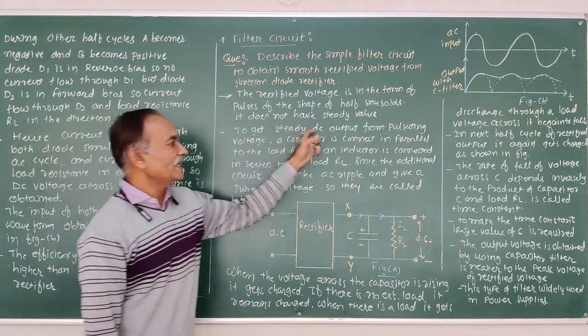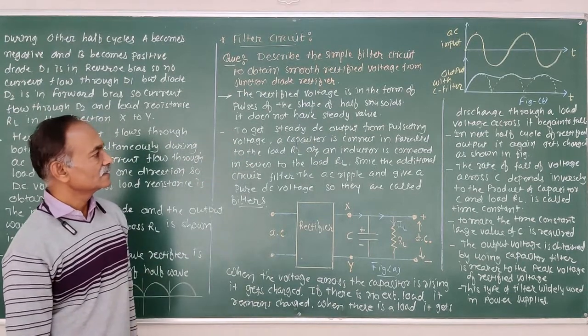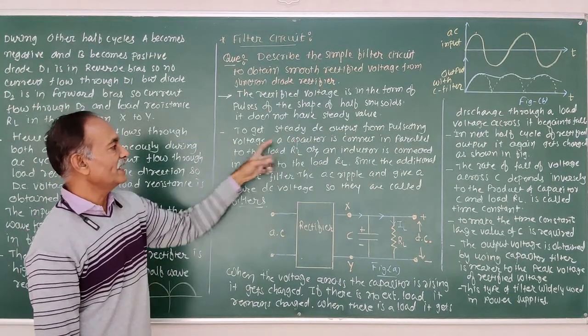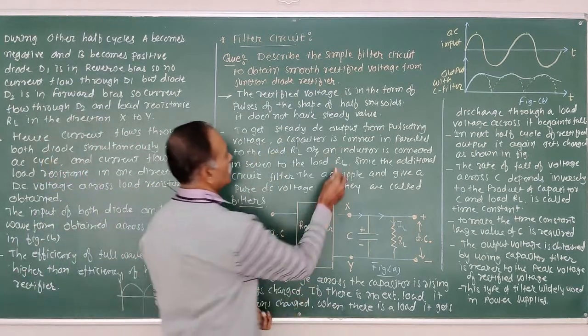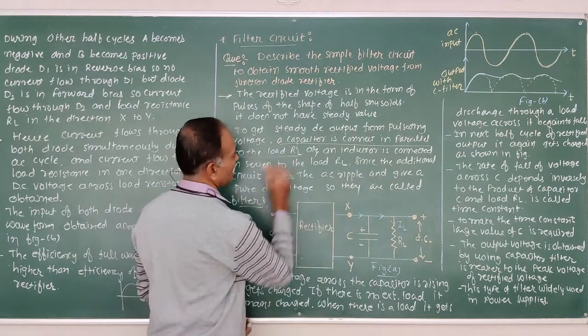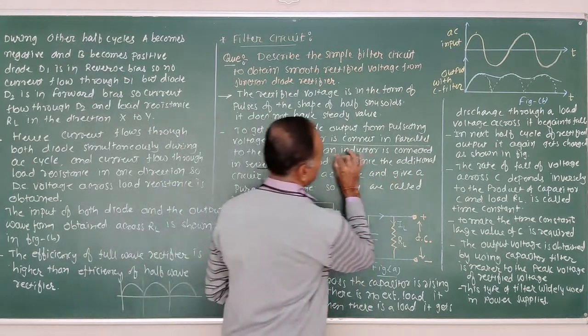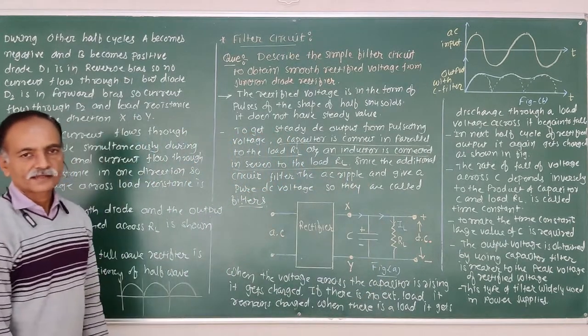To get a steady DC output from pulsating voltage, a capacitor is connected in parallel to the load resistance, or an inductor is connected in series to the load resistance.